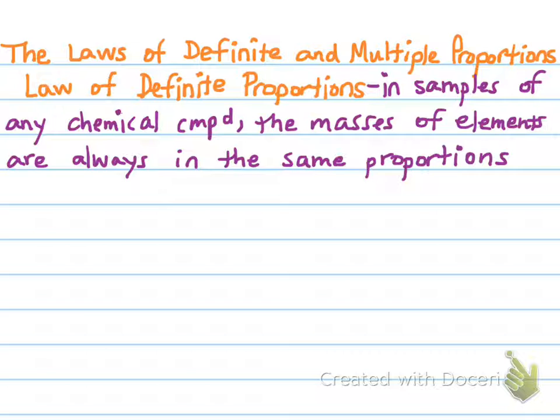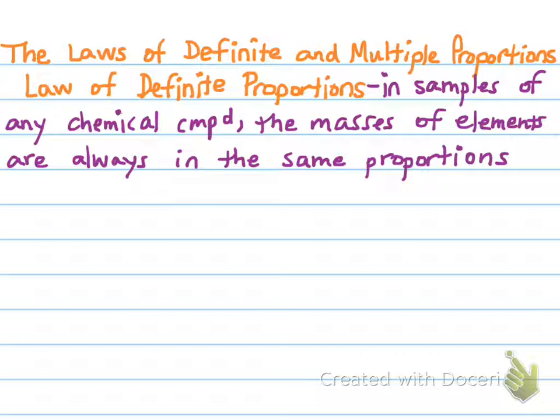Another way to look at this is saying that for a compound to be the same compound, no matter where it is in the world, the masses of elements are always in the same proportion. So for example, water: the mass of hydrogen to oxygen in water is the same in all water molecules.